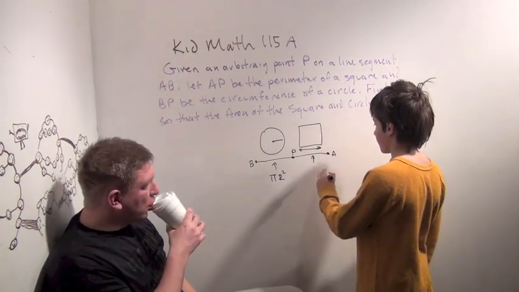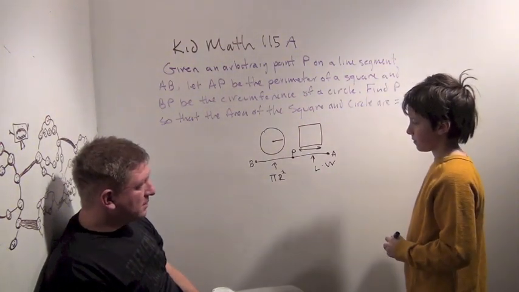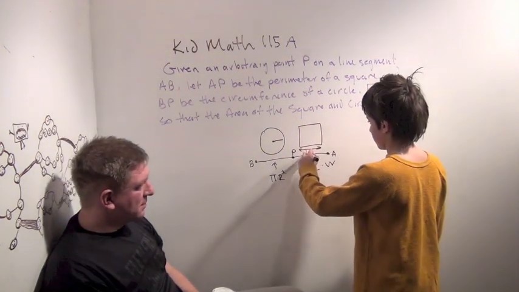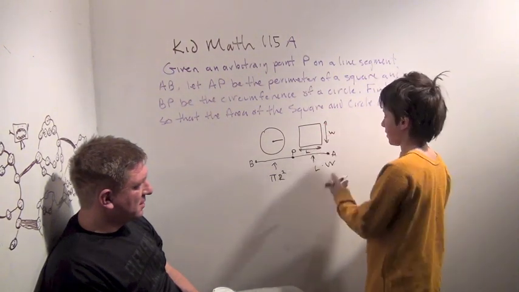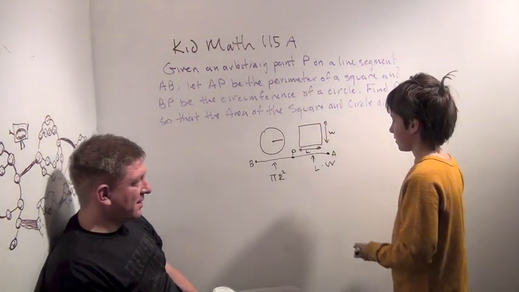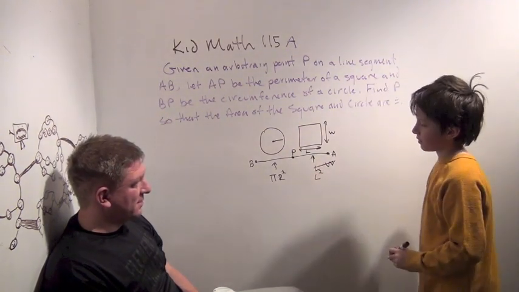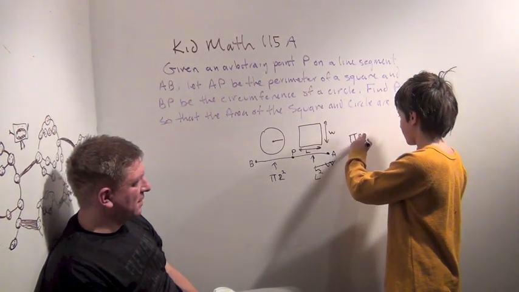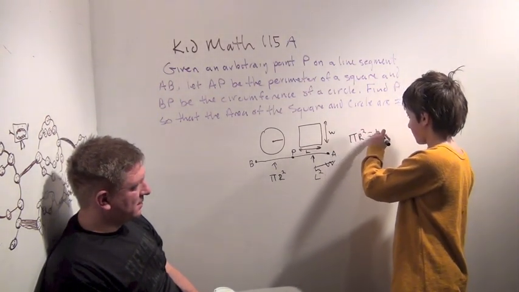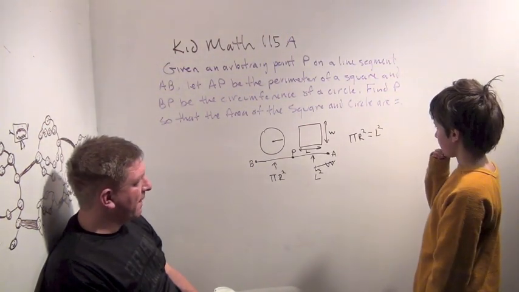The area of a square is length times width. But the length and width are the exact same thing, so it's L squared. So we need pi r squared to equal L squared. Definitely a good start.